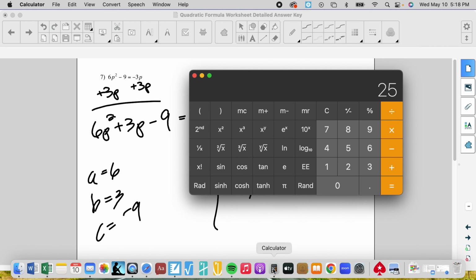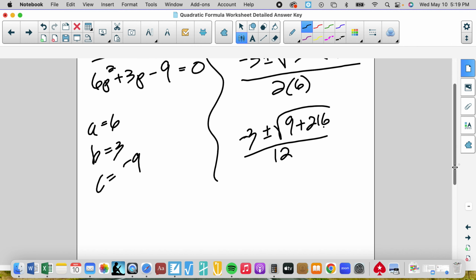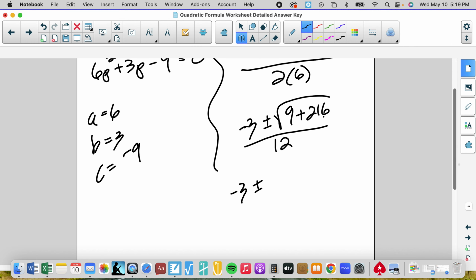I have no idea what 24 times 9 is. 24 times 9, 216. 216 over 12. Negative 3 plus or minus 9 plus 216 is 225 over 12.